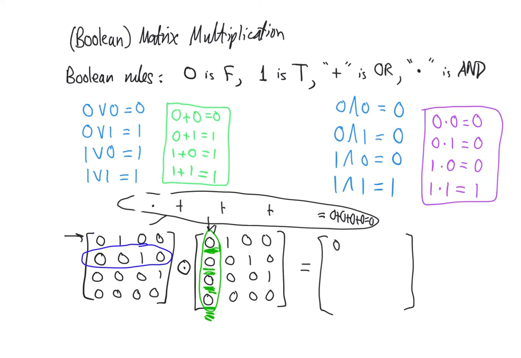Next, we do the same thing with the second row of the first matrix and the first column of the second matrix. So 0 times 0 plus 0 times 0 plus 1 times 0 plus 0 times 0.